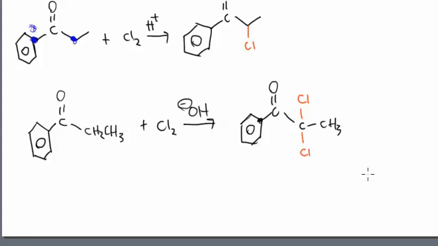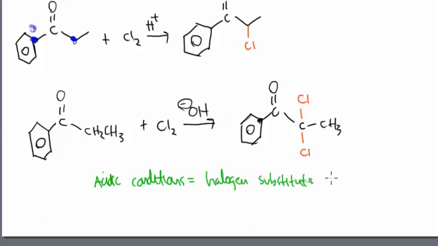So this is the difference between an acid-catalyzed and a base-catalyzed reaction mechanism as far as halogenation goes. The thing you have to remember is that under acidic conditions, the halogen will substitute for only, and I'm going to put a star here, one of the alpha hydrogens.